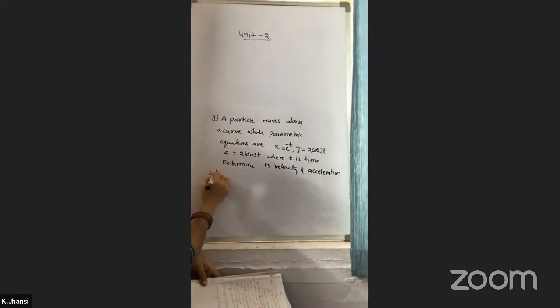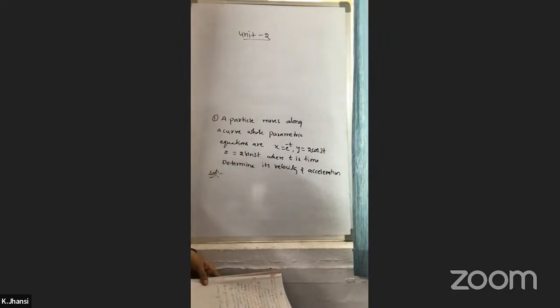This is in your model examination questions. So we have to find velocity and also acceleration for the given parametric equations. The parametric equations are given as x of t, y of t, and z of t.